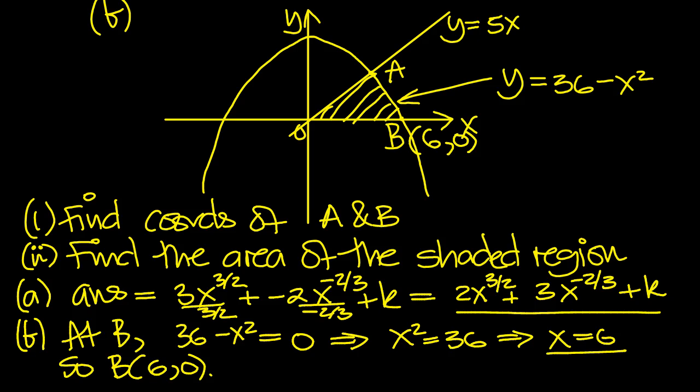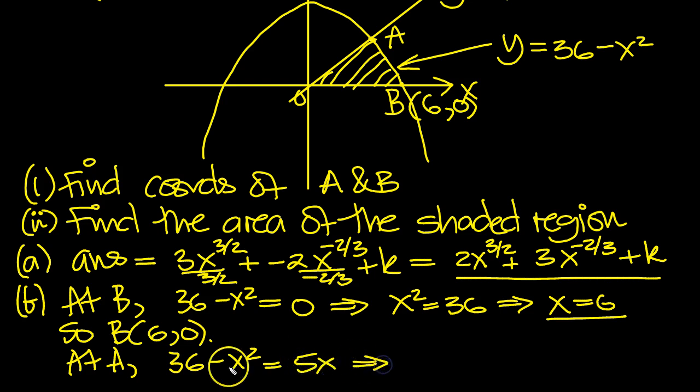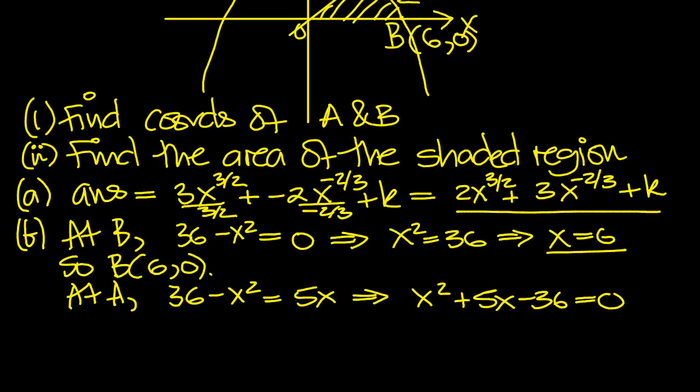Now the second part, the coordinate of A then. So at A, we've got 36 minus x squared is equal to 5x. So move everything over to the right hand side: x squared, plus the 5x is already there, minus the 36 when we move it over. There's nothing left on the other side, so we can let it equal 0.